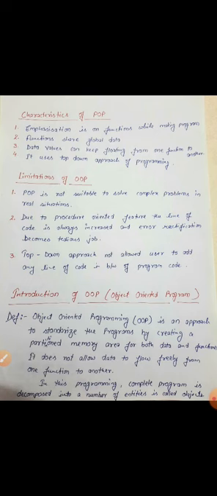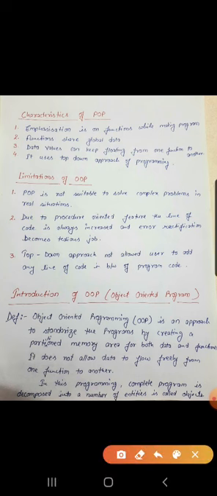I'll make it clear. Correct over here, because here OOP is written, so you just make it POP. Limitations of POP. POP, procedural oriented programming, is not suitable to solve complex problems in real situations.